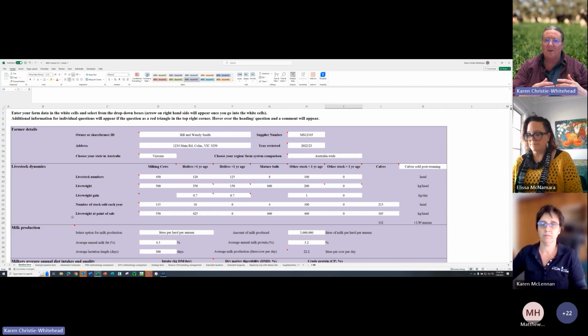Unfortunately, the calculator goes, oh, that cow's producing more litres, therefore she must have eaten more feed, therefore her enteric methane goes up. It's one of the legacies of using a national inventory to build an actual farm calculator, in that it's not dynamic in nature.